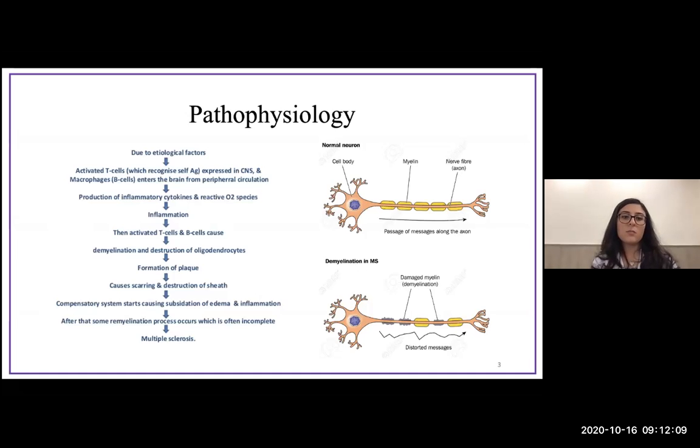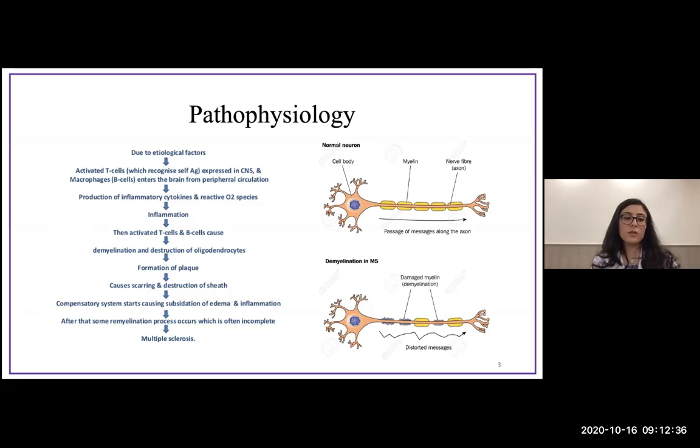Just a briefing on the pathophysiology of multiple sclerosis. As I said before, it has both genetic and environmental causes. It's basically due to a loss of the tolerance of the body to myelin. T cells, mostly CD4 plus T cells, as well as T helper 17 cells and T helper 1 cells, attack the myelin of the body.